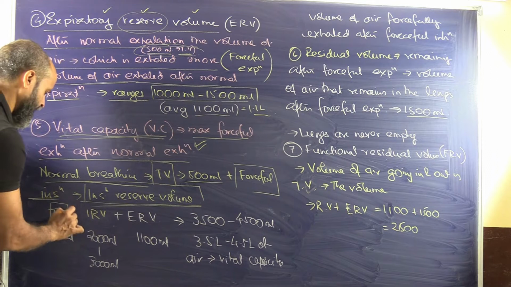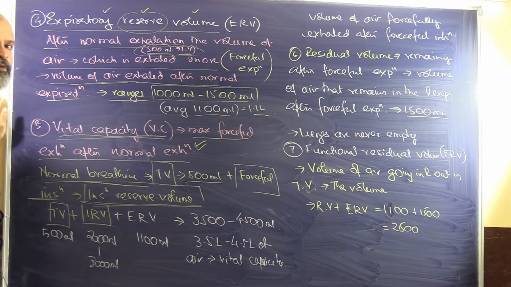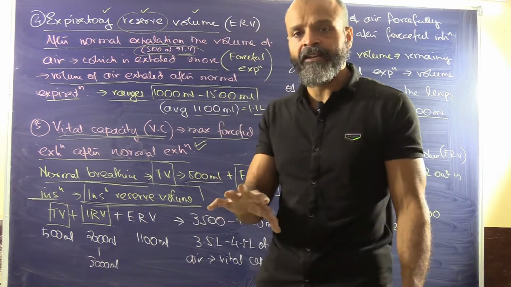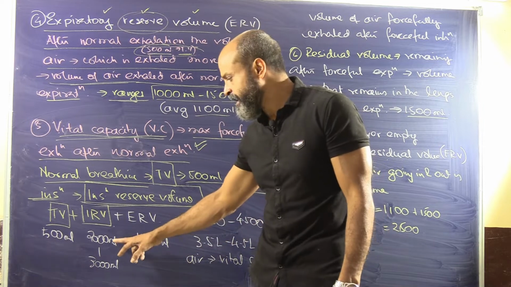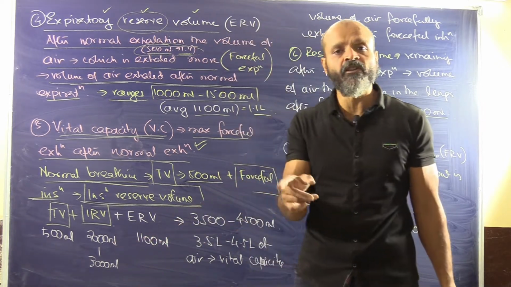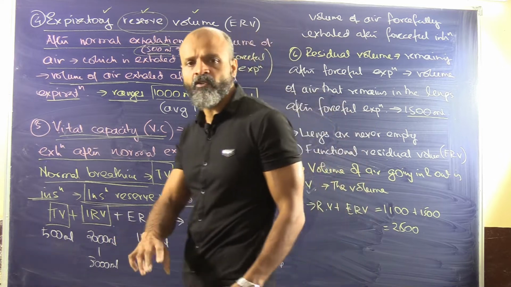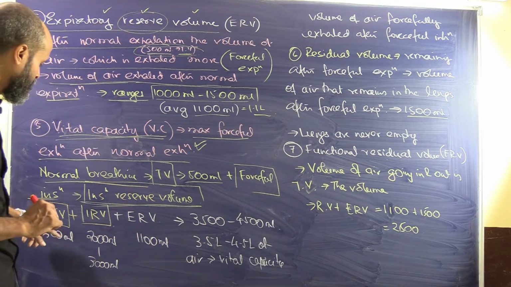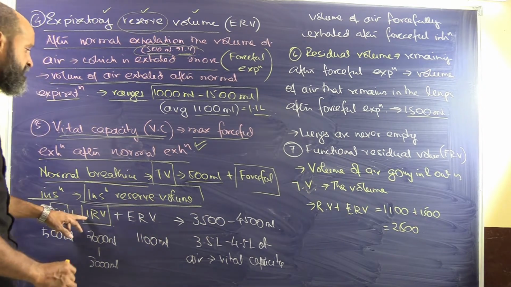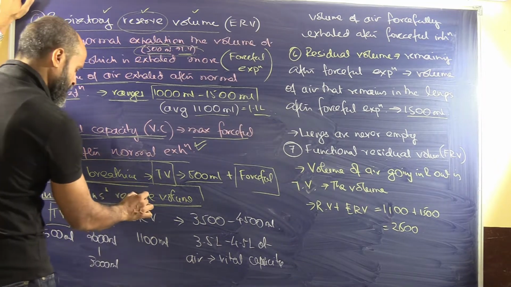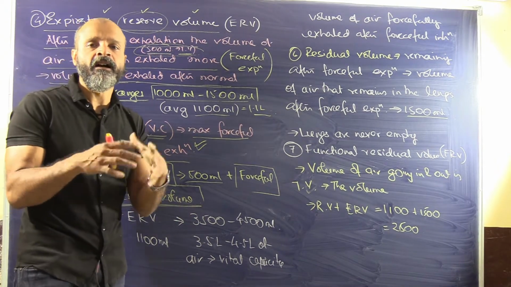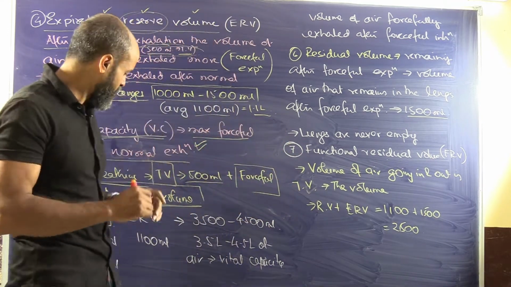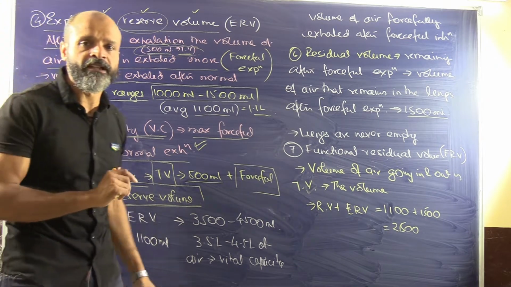So it means the tidal volume plus the inspiratory reserve volume, and we have seen that the lung capacity to accommodate more air after normal inspiration is anywhere between 2000 to 3000 milliliters. In the previous slide we have just seen that. So this is the tidal volume, which is the normal inspiration volume, and this is the IRV, the inspiratory reserve volume. It means that the lungs, after receiving 500 milliliters through normal inspiration, can also receive an addition of 2000 to 3000 milliliters.